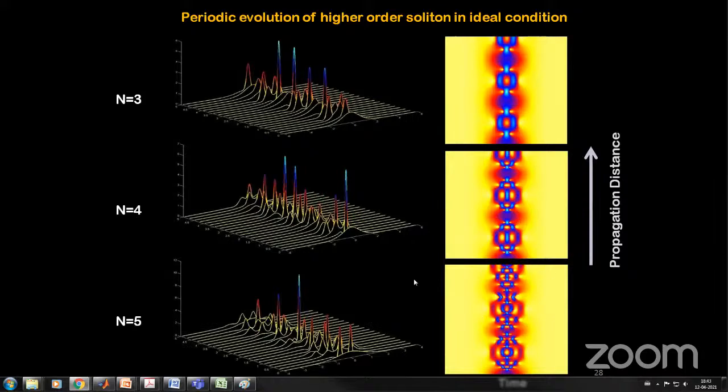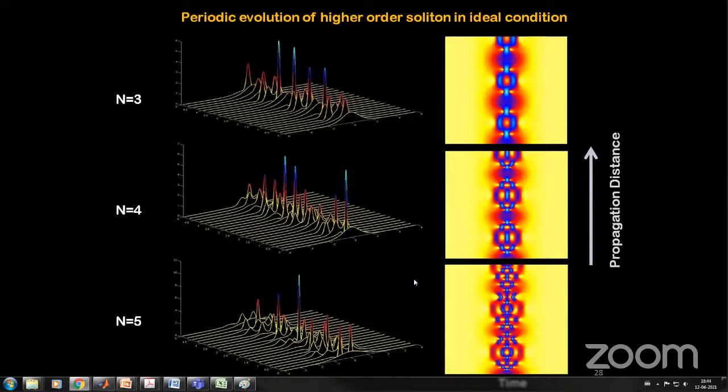So in a word, I must say that there will be a very complicated kind of dynamics one can expect if LD is not equal to LN, and it is called the higher order soliton. It may be fractional also. It is not necessary that this ratio LD divided by LN has to be a whole number, like it's shown here, 3, 4, 5.